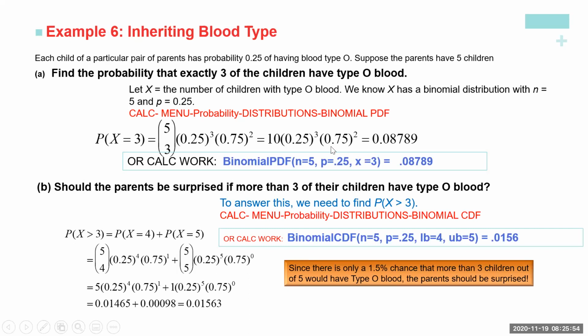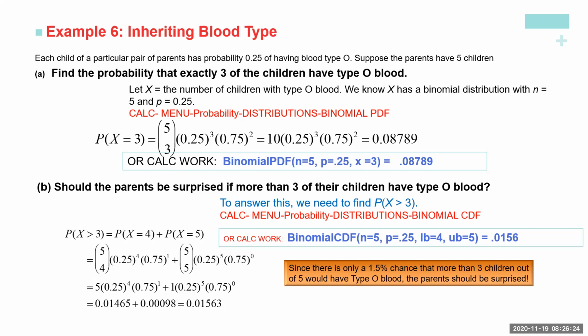If you're not going to write out the whole formula, we need to go to menu, probability, distributions, binomial. The calculator work you must write down as you're showing work is binomial. We want PDF because it says exactly 3. How many trials do we have? 5 children, so n equals 5, comma, probability of success p equals 0.25, and x here is exactly 3, so x equals 3.